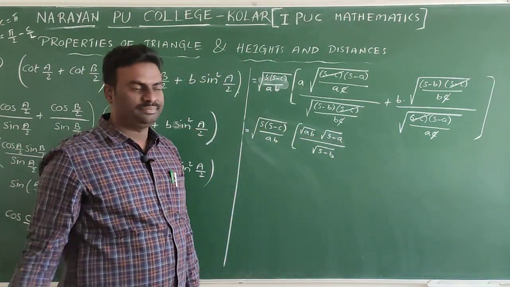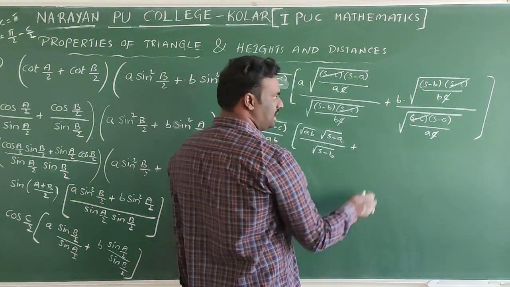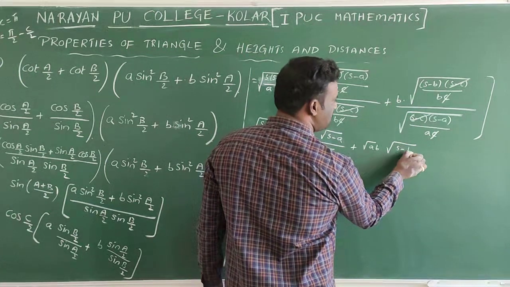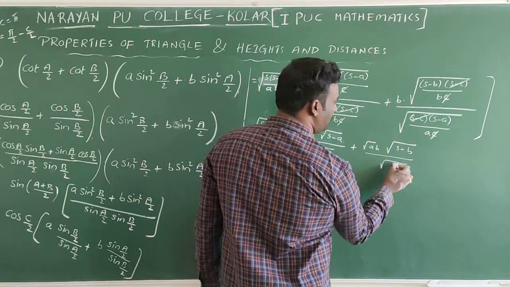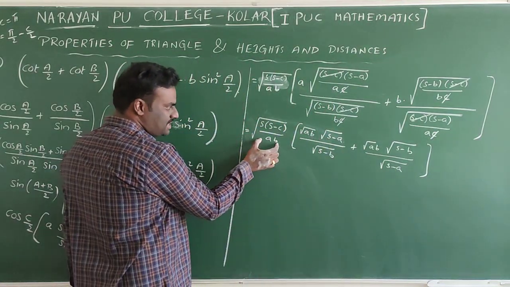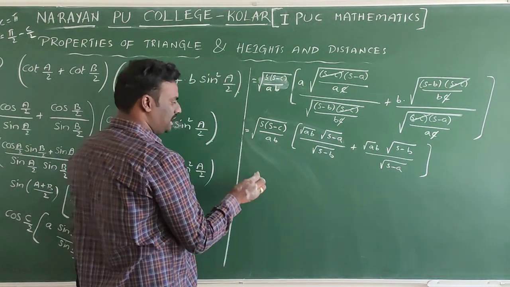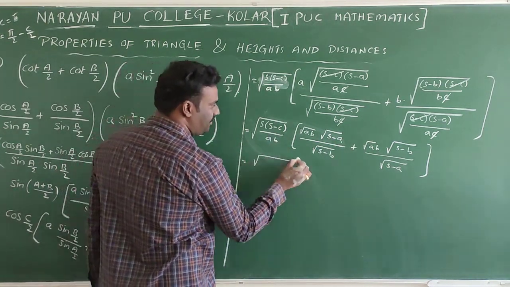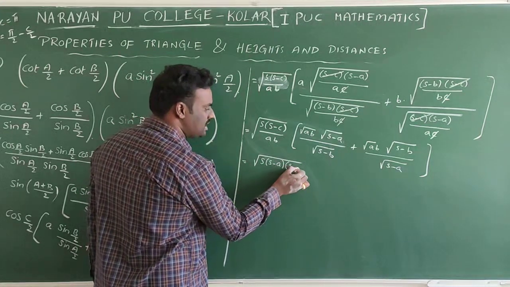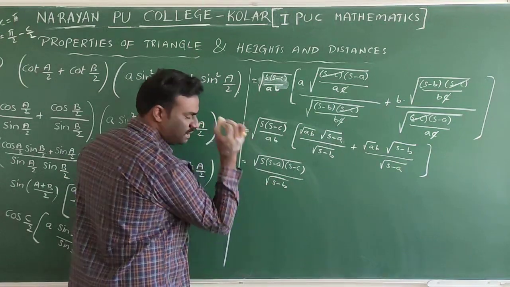Here also b and b root times cancel. Here also root ab into root of s minus b by root of s minus a. If you multiply with this, root ab cancels, root ab cancels. Now what will we get? Under root of s into s minus a into s minus c by under root of s minus b.